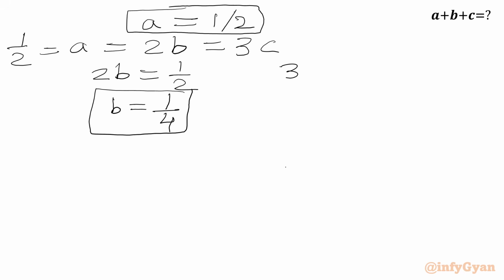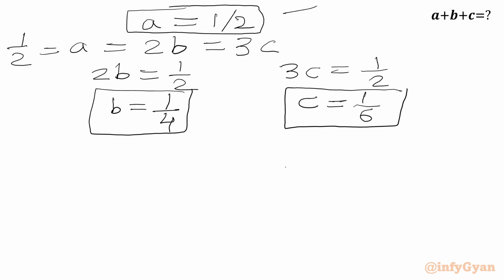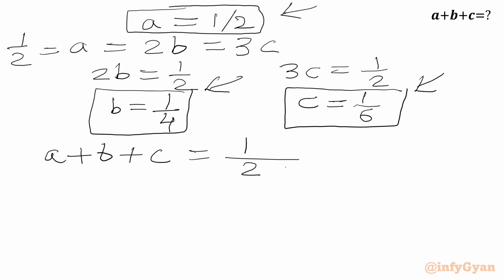So we can write 3c equal to half. c will be equal to 1 over 6 after dividing by 3 on both sides. Now we have a, b and c. We can find our required expression. a plus b plus c will be equal to 1 over 2 plus 1 over 4 plus 1 over 6.